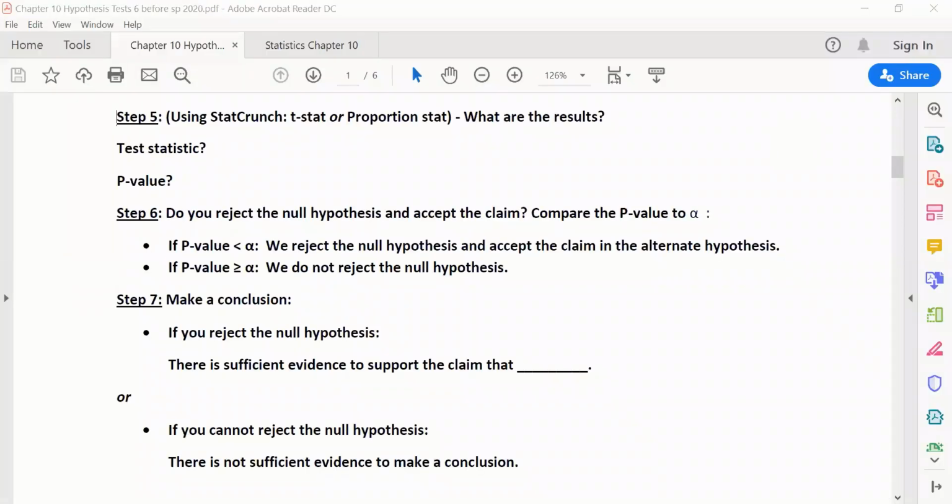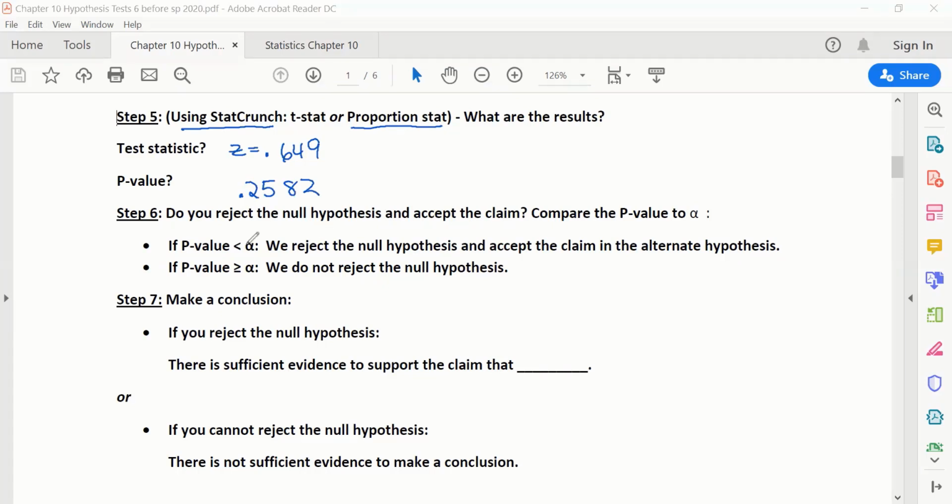Okay, so we go back to our sheet and we write in our test statistic and our p-value. So it tells you right what you need to do. Use StatCrunch, either t-stat or proportion stat. We're going to use proportion in this case. And then our test statistic was z equals 0.649, and our p-value is 0.2582.